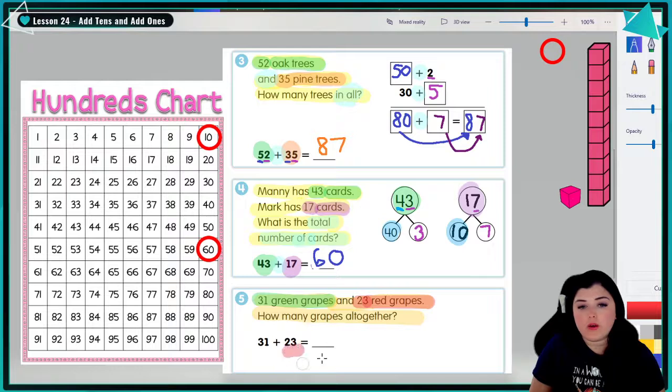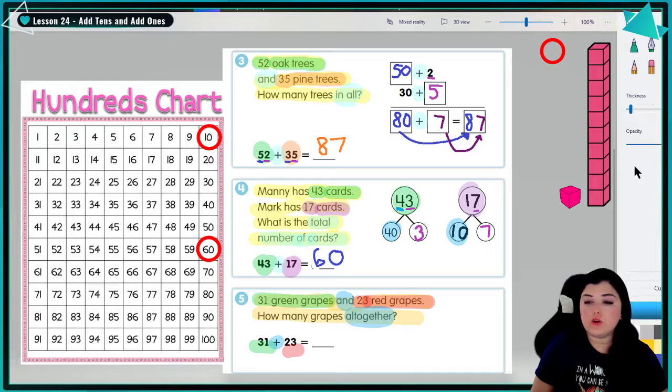So I have one part is 23 and the other part is 31. But I have to look at those important math vocabulary words like and, as well as all together. They want to know how many grapes do you have in all? How many do you have all together? And the plus brings two parts together to find the whole number.